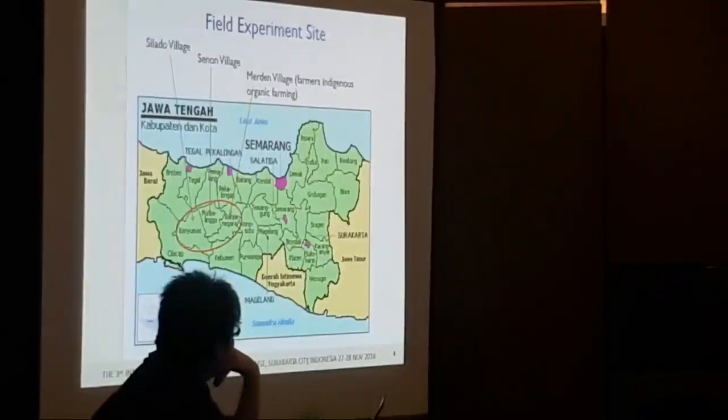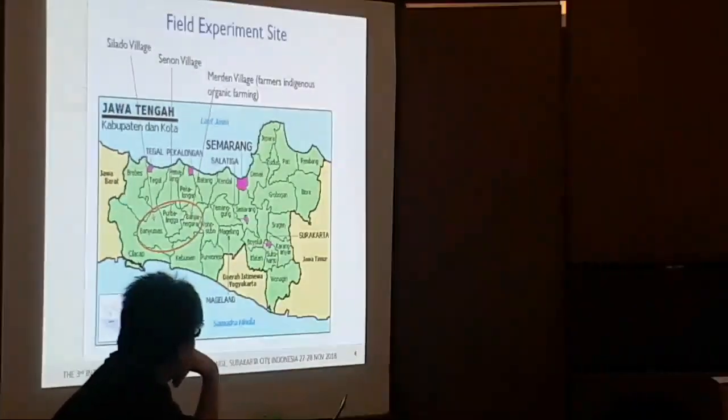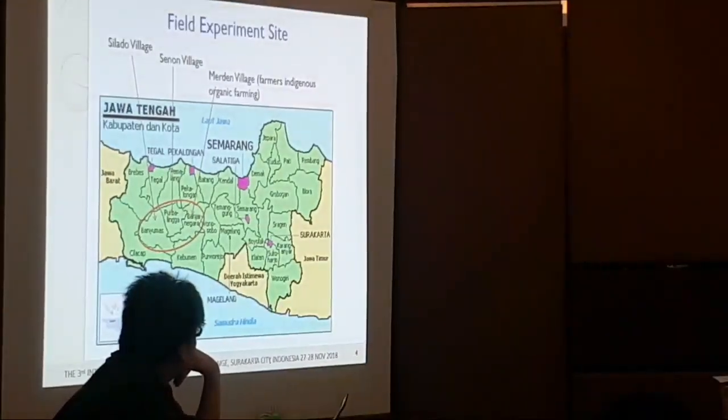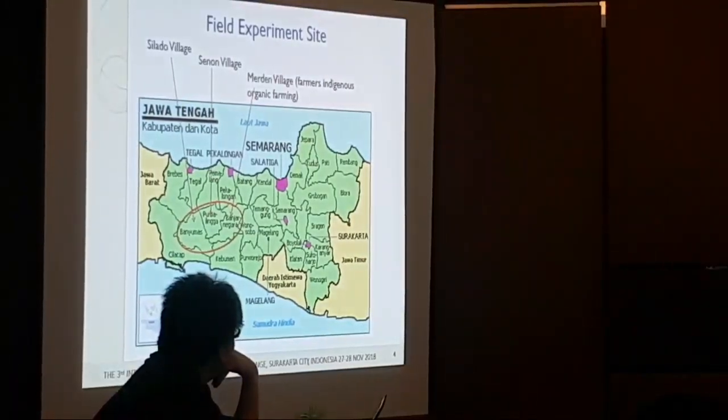Next. So we try to conduct the field experiment. We purposefully chose 3 districts in Central Java, in 6 sites, so there are 2 sites in each district.